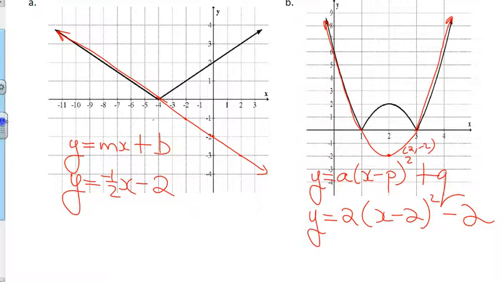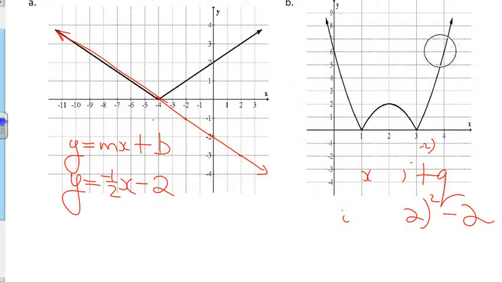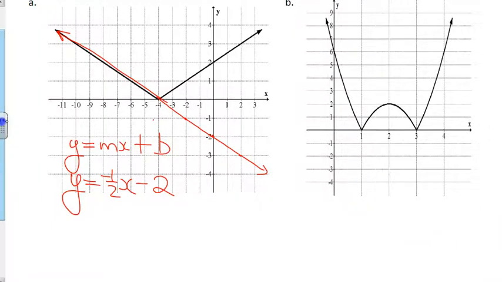Because there are 2 possibilities. Maybe it opened down, and this part was originally the positive part. Okay, so let's just clear this. I like the lag on this. Okay, so maybe the blue is the original.